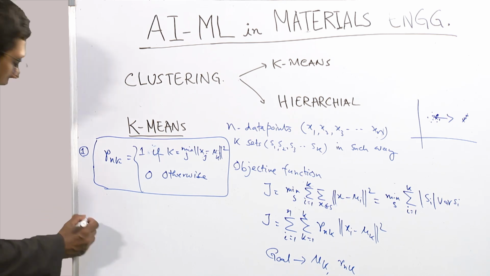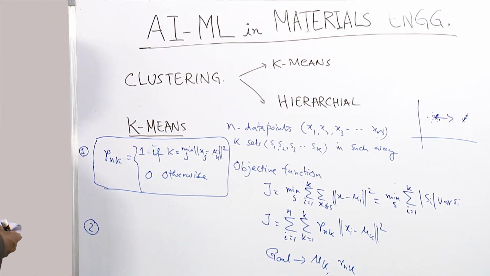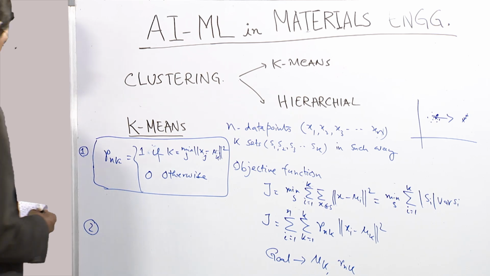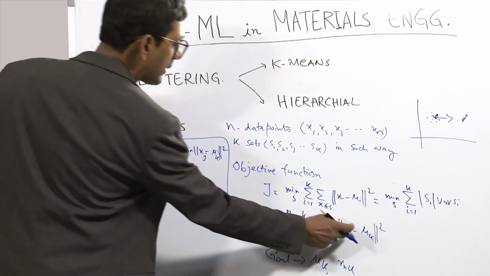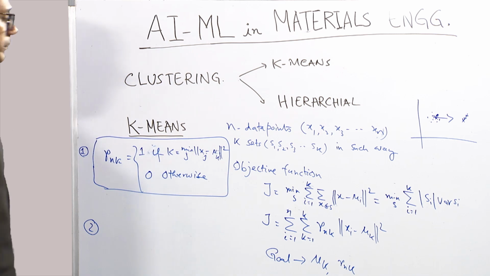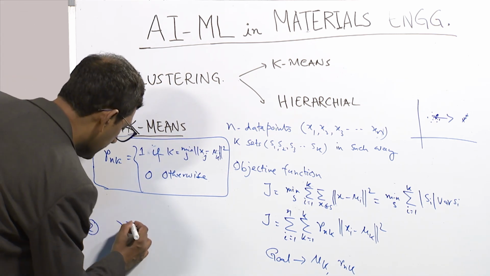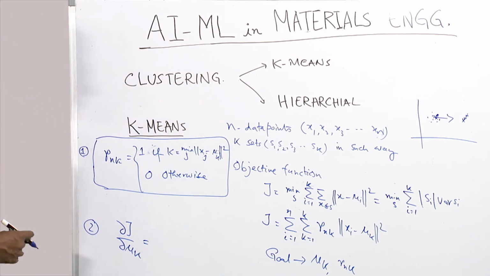Second thing will be to find out mu k, right. How do I do that? Well, very simple, you can see J is quadratically connected with mu k. So, if I want to find mu k, I have to take this derivative and put it to 0, correct.